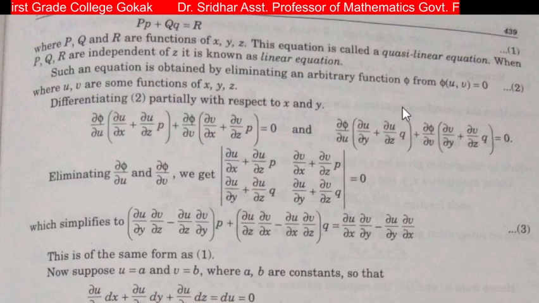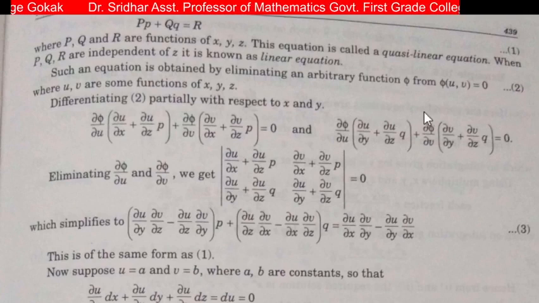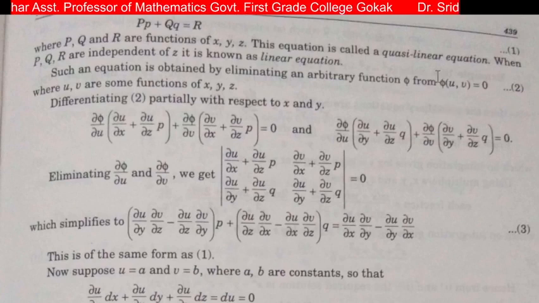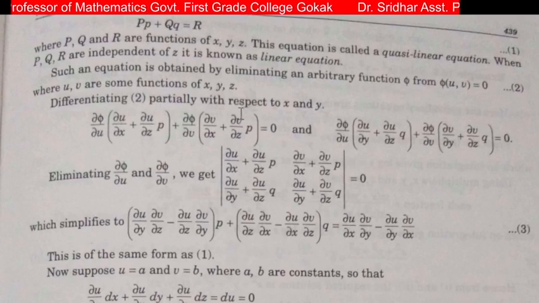Then we differentiate this equation, which is equation 2, phi of (u, v) equal to 0, partially with respect to x and y.